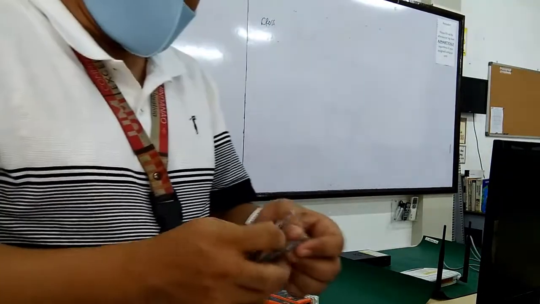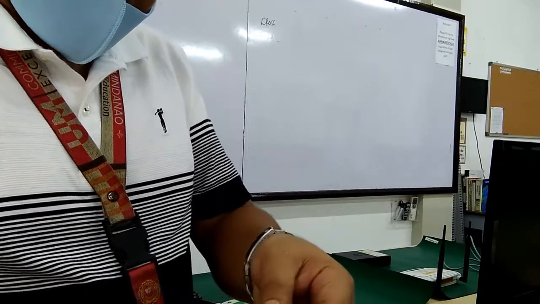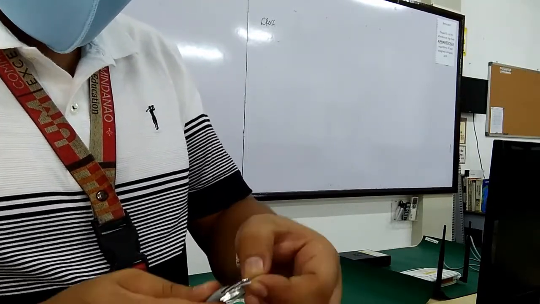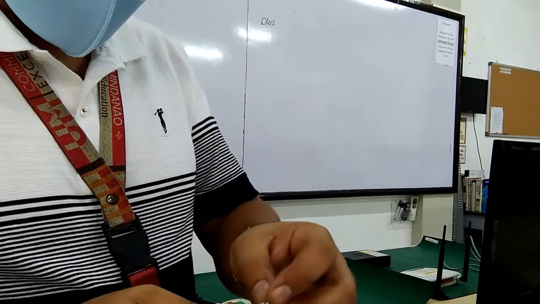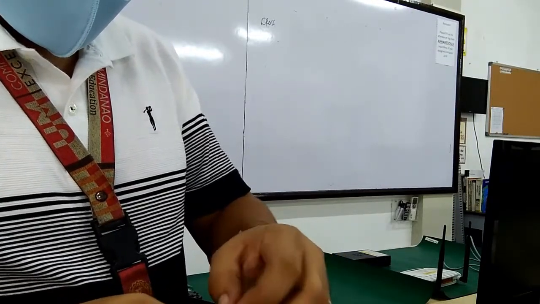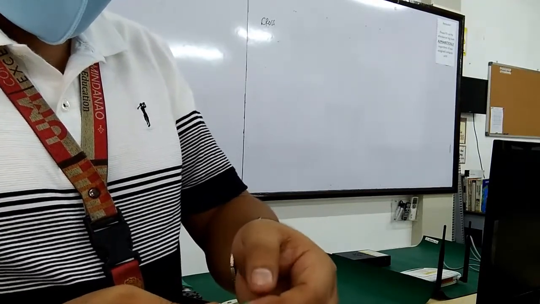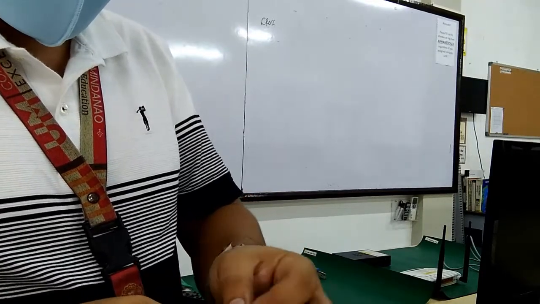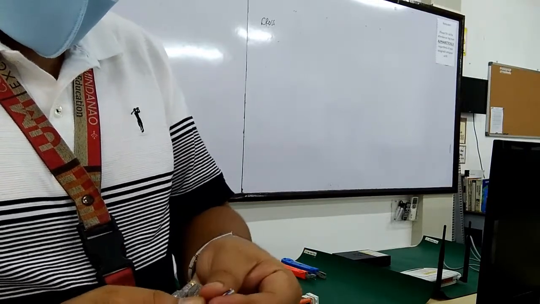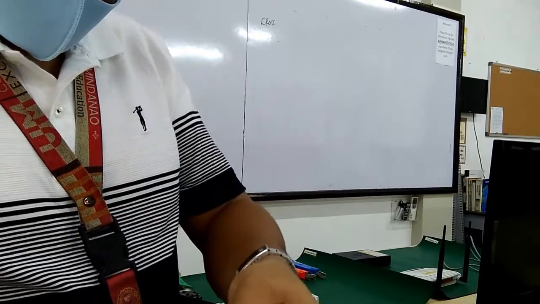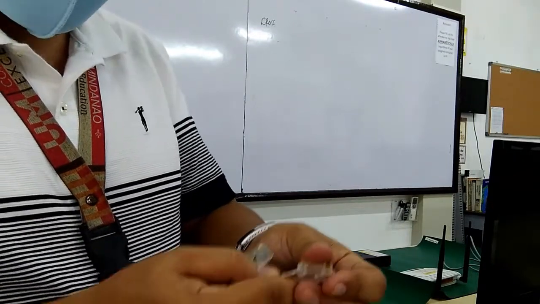So let's check. We have white orange, and then orange, and then white green, and then blue, blue, and then white blue, and then green, then white brown, and then brown. Then we're going to insert.